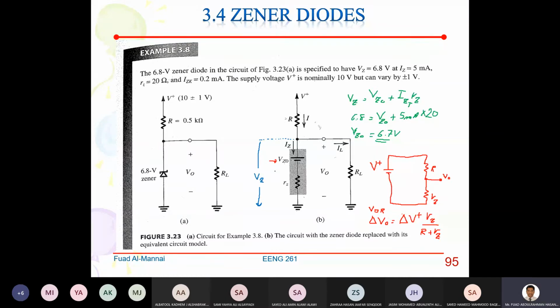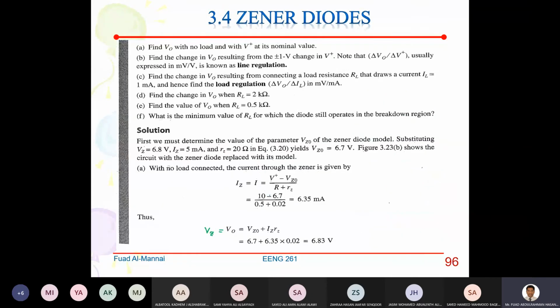And that's why we said VZ is equal to VZO plus IZRZ, right? Since VZ is over here and V out is over here, of course VZ is the same as VZO. Any questions? All right.